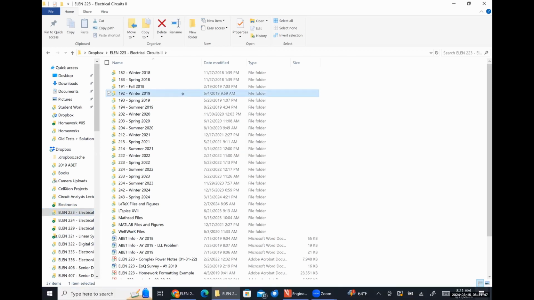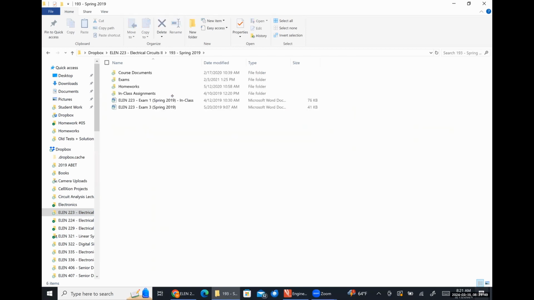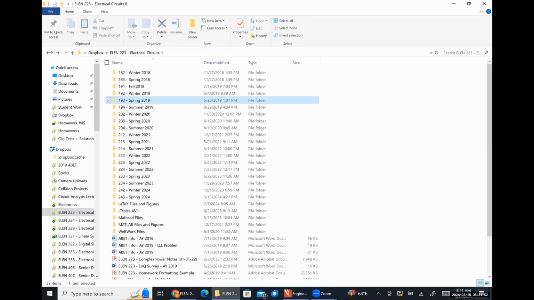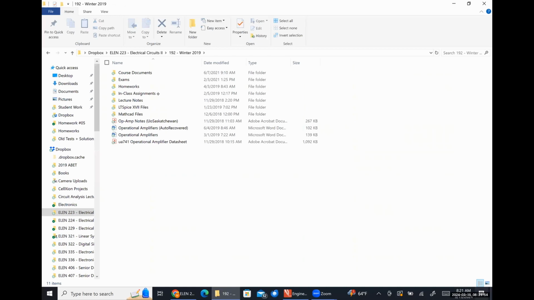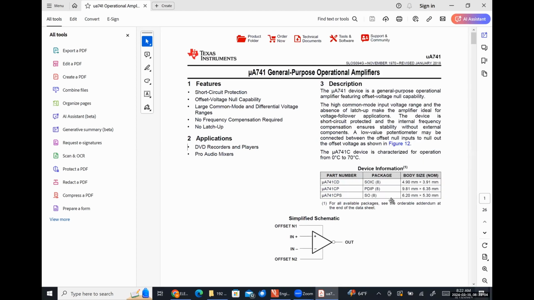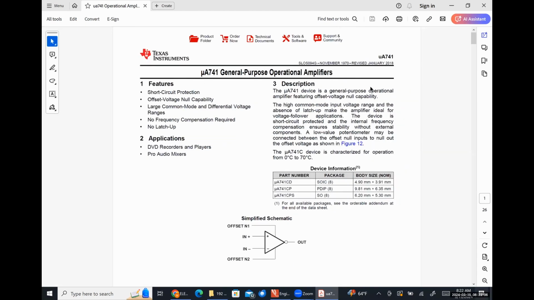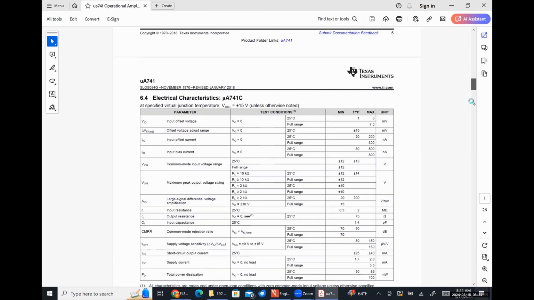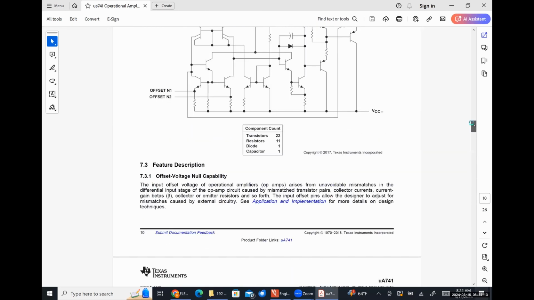If I can get the correct thing to open up. I don't need that stuff or that stuff. Here we go.